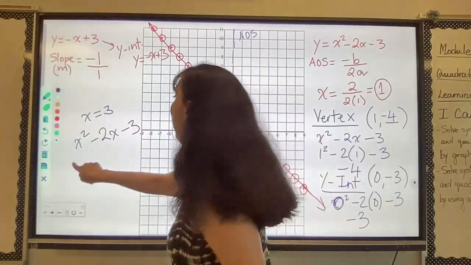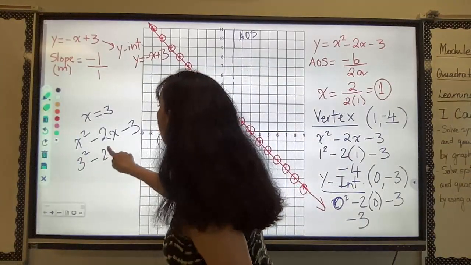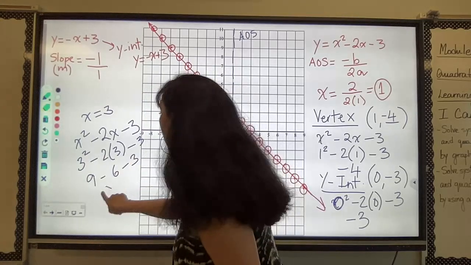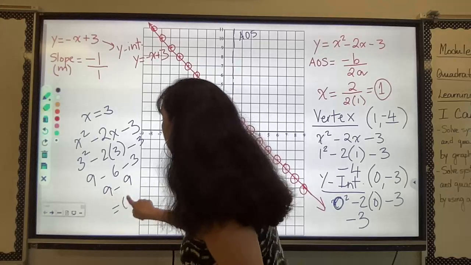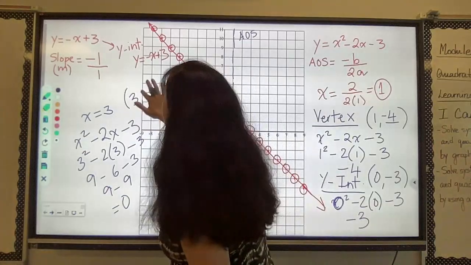Since x is 3, 3 squared minus 2 times 3 minus 3. What is 3 squared? It is 9 minus 6 minus 3, which is 9 minus 9, which gives me 0. So therefore, my ordered pair is the x-intercept in this case.